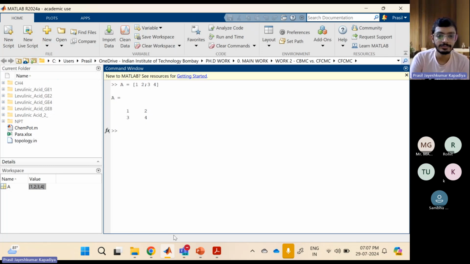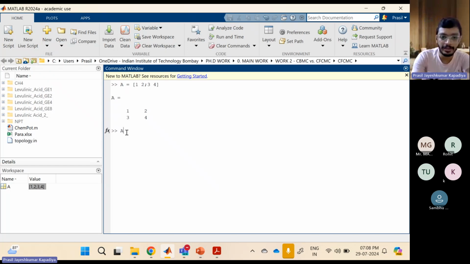What is that? Second row, this is my second row and this is my first column. So what is that element? 3.